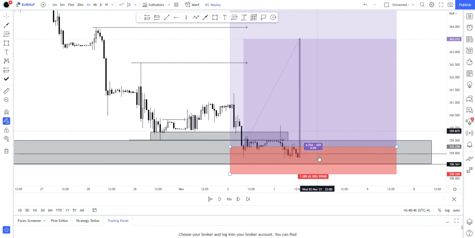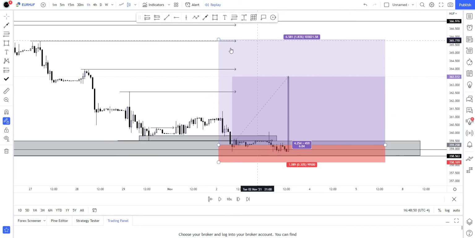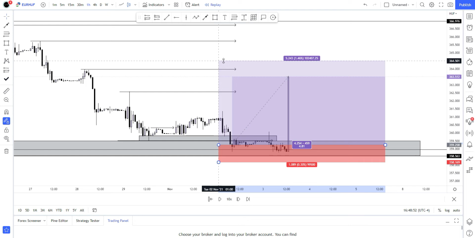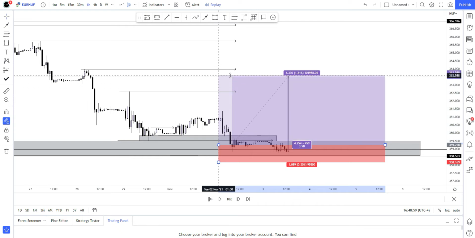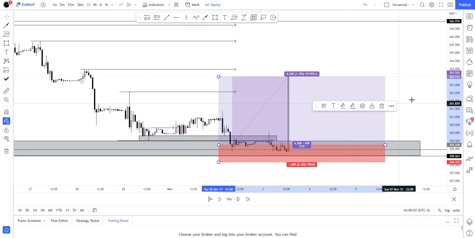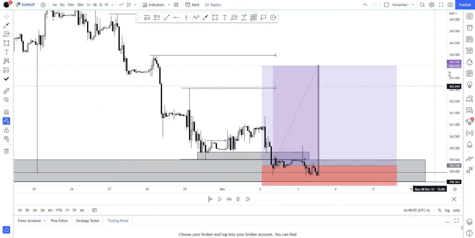And it wouldn't have dropped that fast if you're trading. You would have been seeing this. You guys already know I like 4-to-1, right? So let's see where the 4-to-1 would have been. So 4-to-1 would have been up here. We would have got taken out, right?